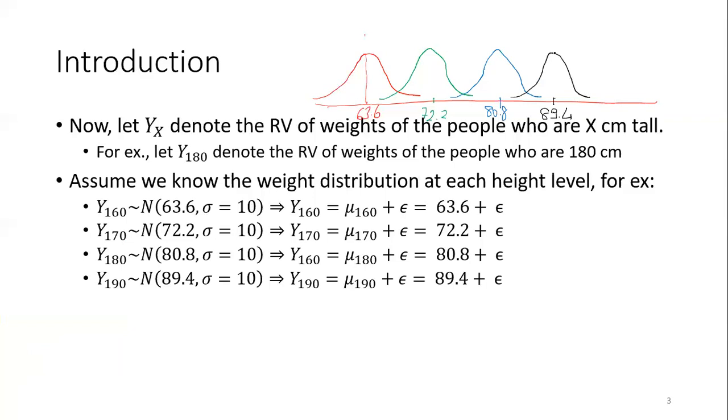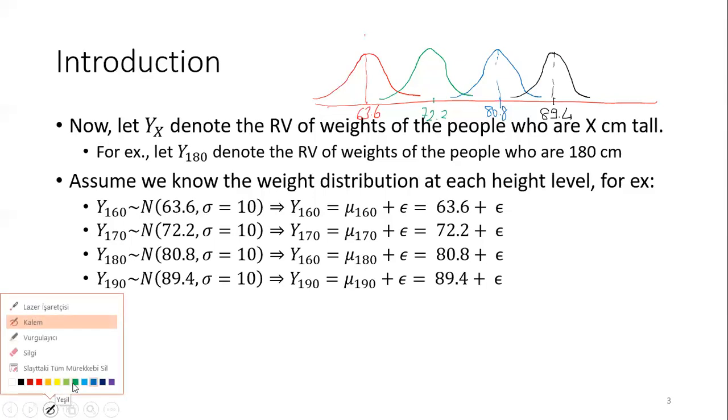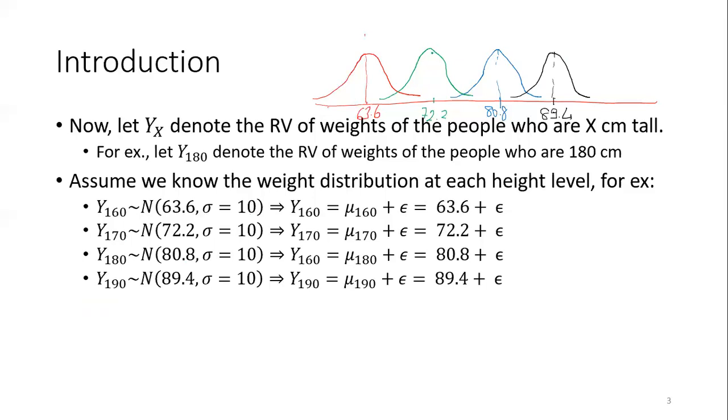As you see, you have four different distributions for four different groups of people whose heights differ from each other.